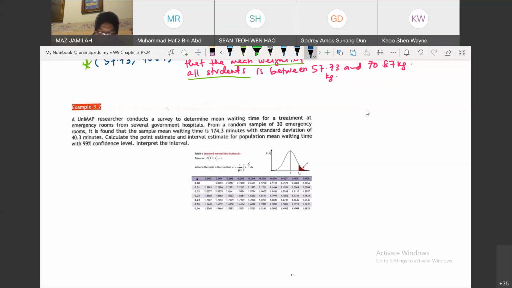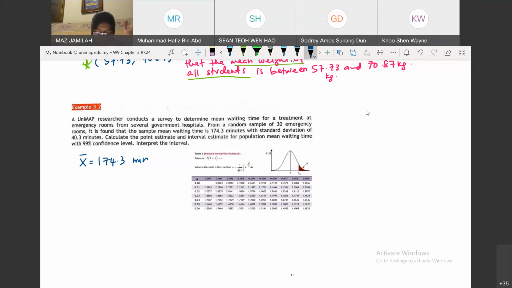It is found that the mean waiting time, so the X bar, is equal to 174.3 minutes, with standard deviation. What does the standard deviation mean? Does the standard deviation belong to the population or the sample? Read the question carefully.